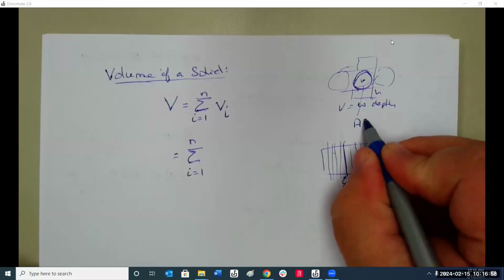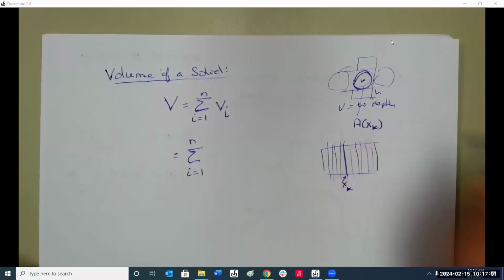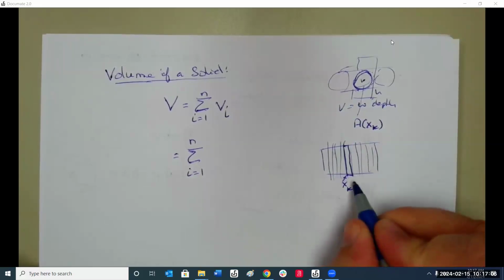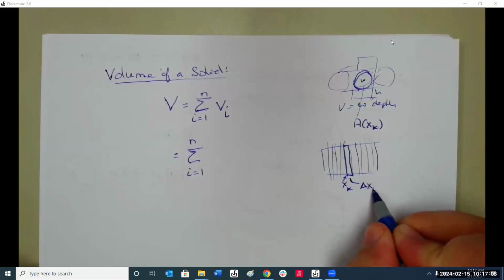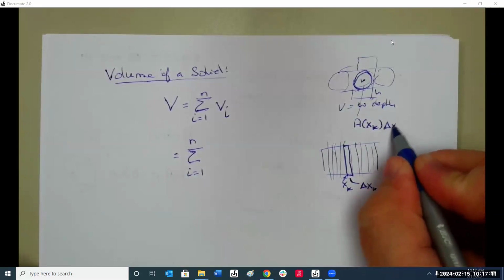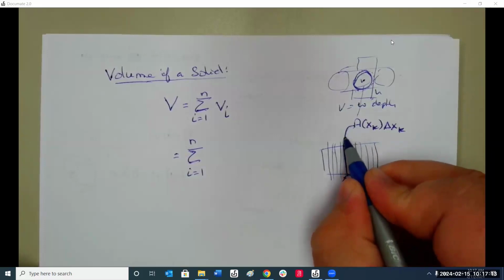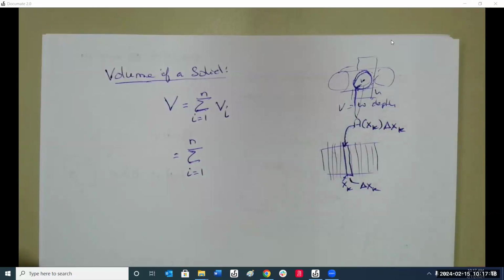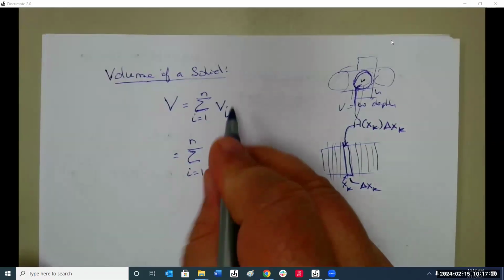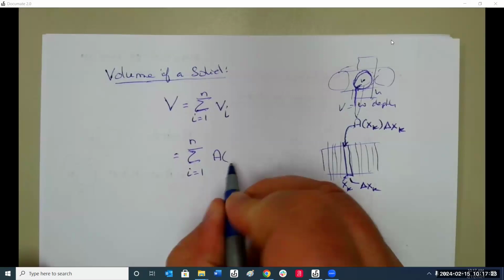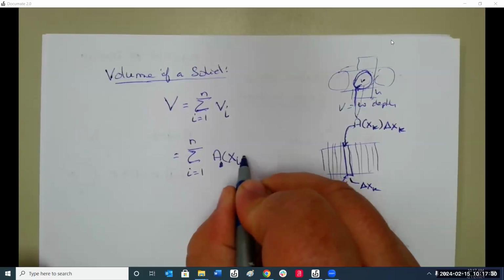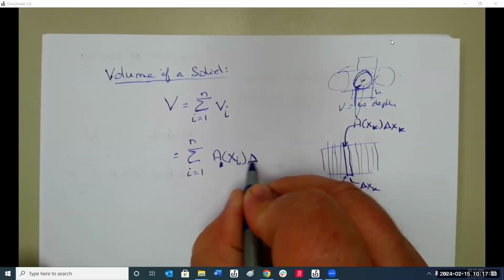So it's the area at that x value. And the slice will have some width. That's delta x. So that's that slice to get that area. So the volume is made up of the area times the width of that.